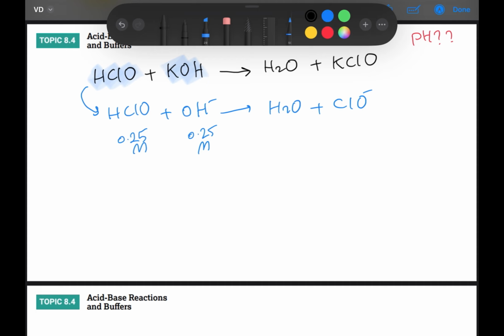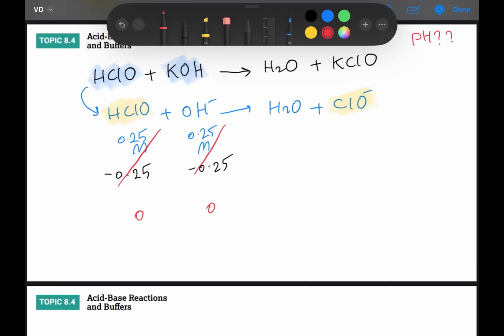Since the amounts of acid and base are equal, we're going to do the same procedure. We're going to subtract 0.25 and negative 0.25. The remaining concentrations of acid and base are just zero. We just noticed that one of the products is a conjugate base of the acid, so equilibrium mode is turned on.